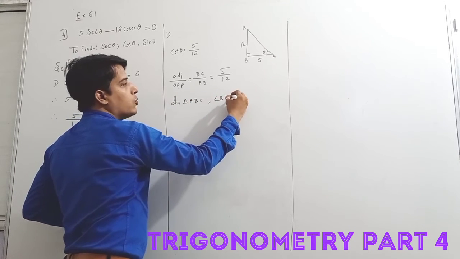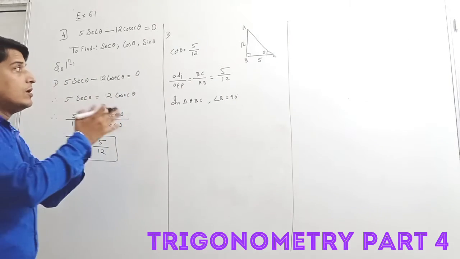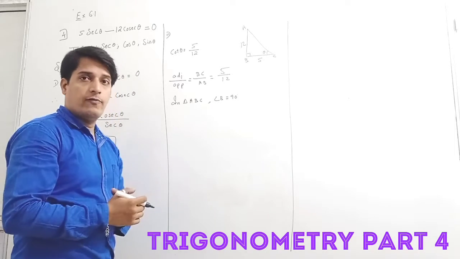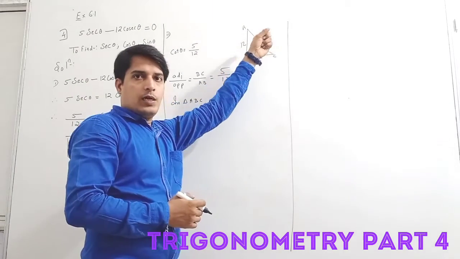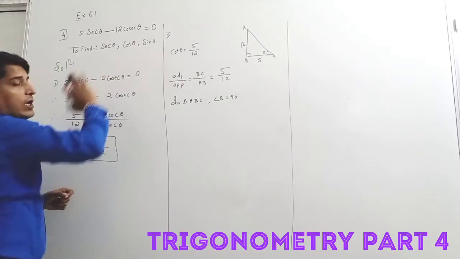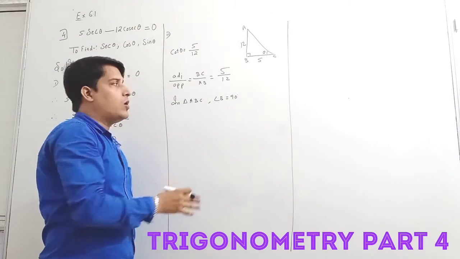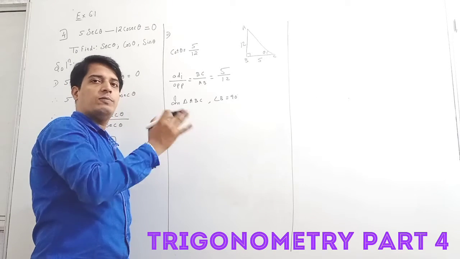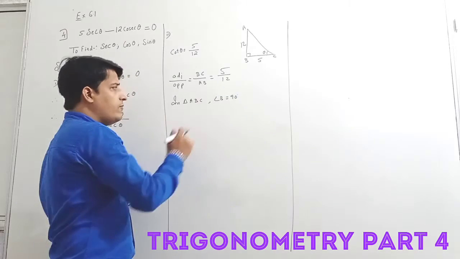Angle B is 90 degrees, so we can apply Pythagoras. This sum can also be solved by other methods, using other trigonometric formulas. But by using Pythagoras, I can find the third side and the other values. Why am I going for Pythagoras theorem? Because it is very familiar to all the students. Since 5th standard we have been learning Pythagoras theorem, so the same we are going to apply over here.